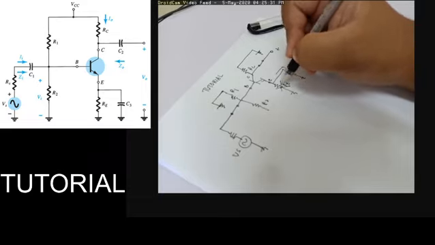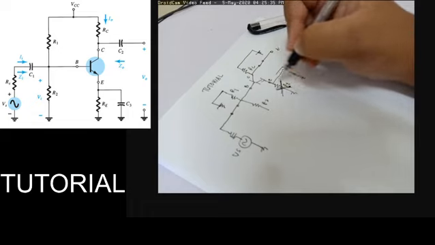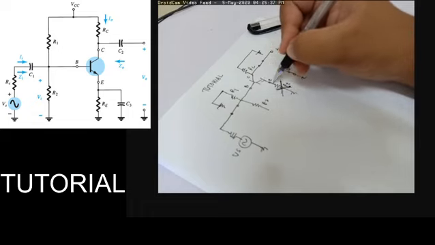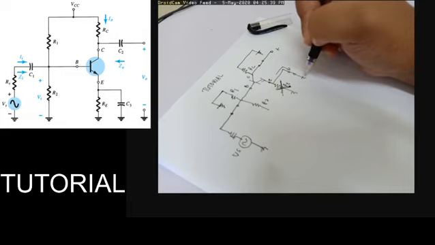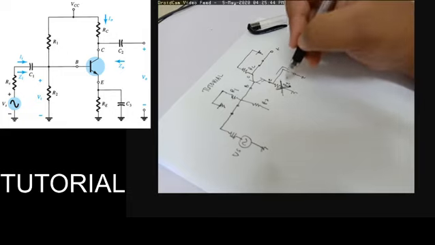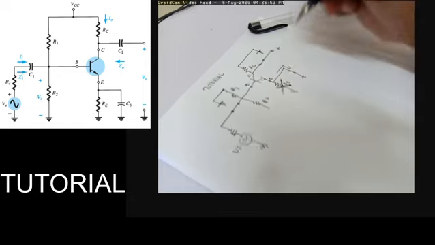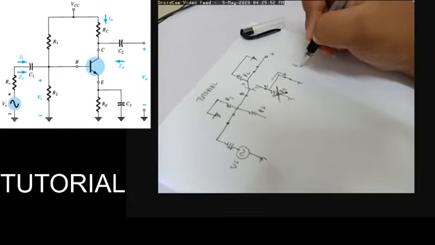Remember, we have to remove the RE, because the current will go this way, not this way. This is the fundamental of electrical circuits you already know. And then this is our output to the ground.